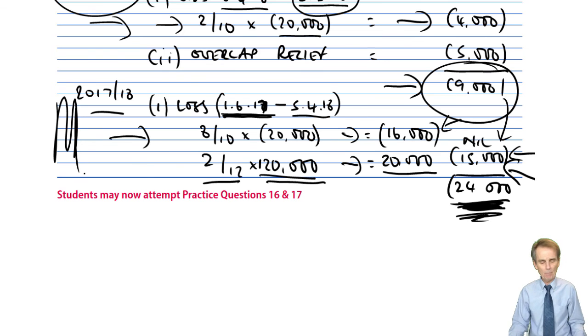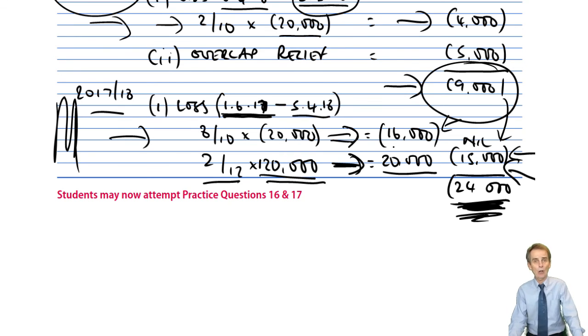Now, as I've suggested to you, I suspect that at this level, we're not going to have that problem, that here, the amount of profit going in to that last 12 months of trading in the penultimate tax year is going to be bigger than the amount of loss. It should be a loss figure, you add it in. But outside chance, if it turned out to be a profit, you just write in nil for purposes of the terminal loss computation. Okay, those are our loss reliefs.